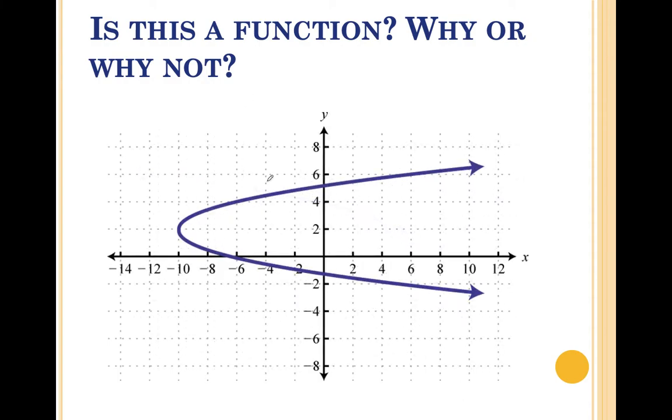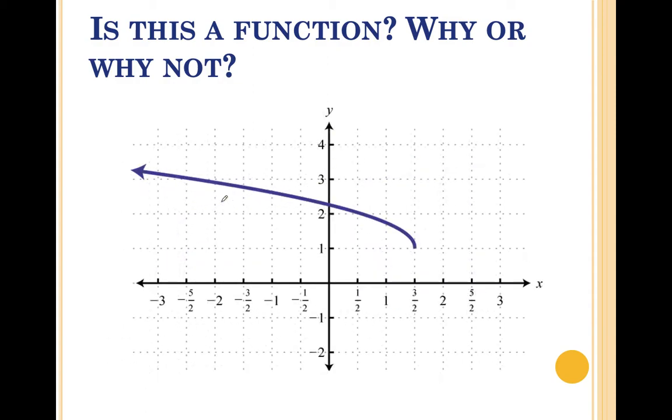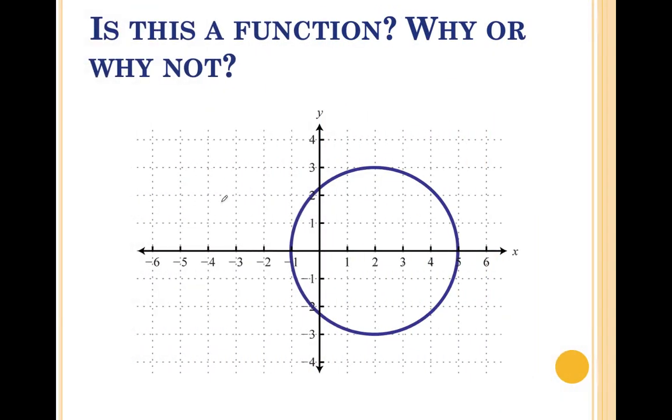This graph is not a function because it fails the vertical line test multiple times actually. But just to show you, here is a vertical line. It hits the graph twice, which means it is not a function. This graph is a function. It passes the vertical line test. The circle fails the vertical line test, so it is not a function.